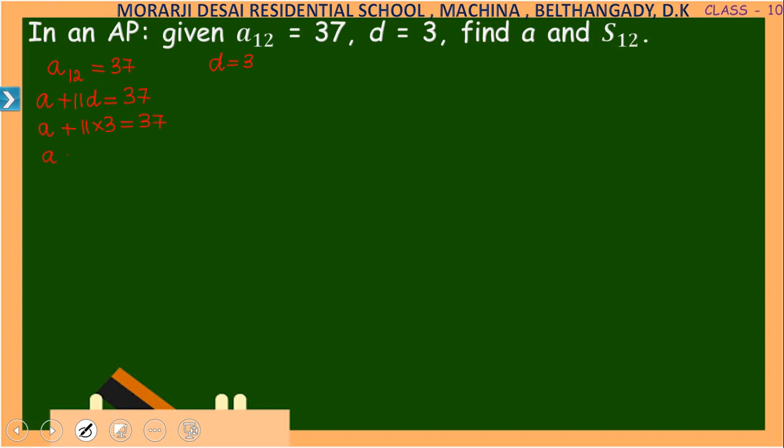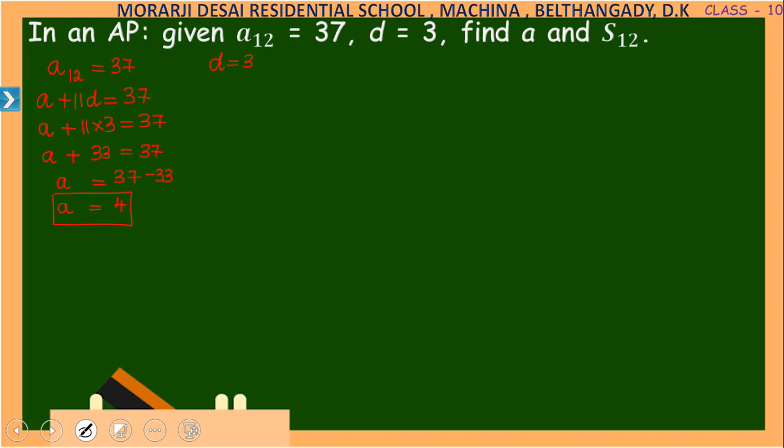So a plus 11 3s are 33 is equal to 37. So a is equal to 37 minus 33. That is a is equal to 4. We got the value of a.